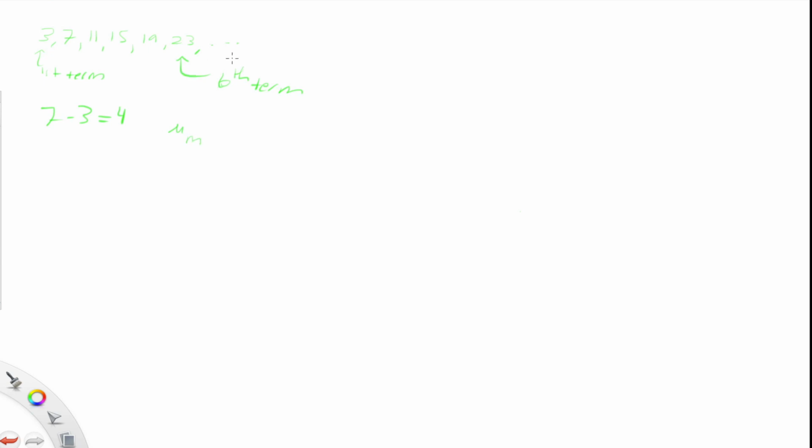So basically, any term in a sequence, finite or infinite, is equal to U1 plus the difference times n minus 1, right? So in our case, U1 is equal to 3, the difference is equal to 4, and n minus 1 is dependent on which term we are looking at.